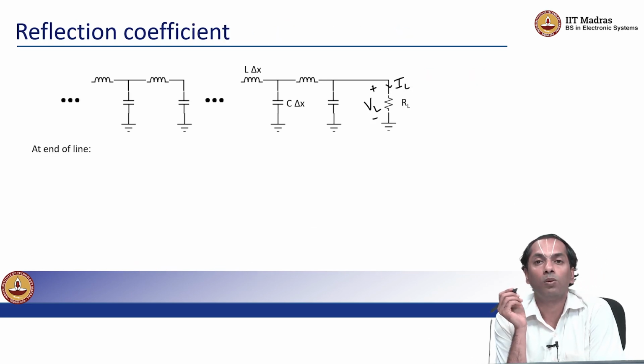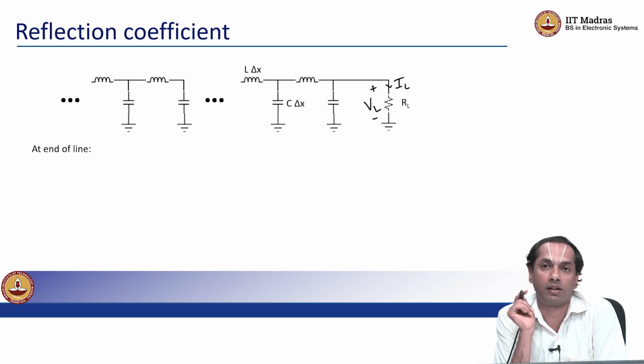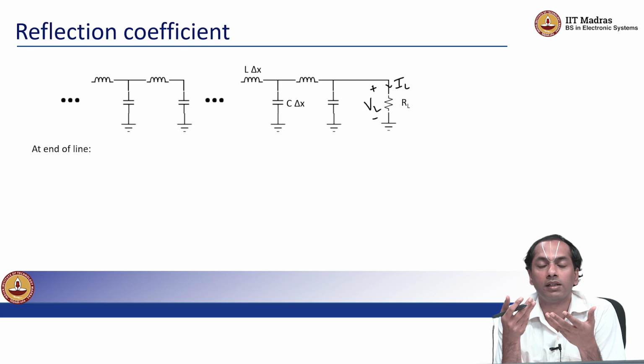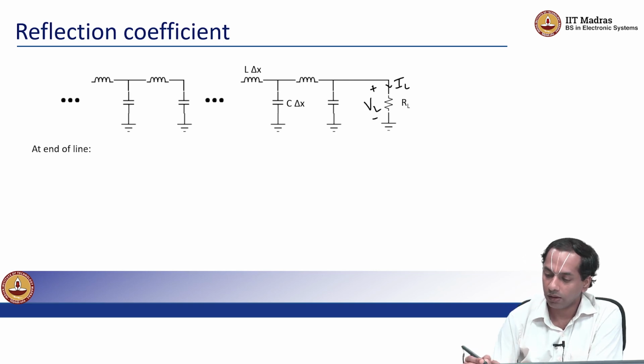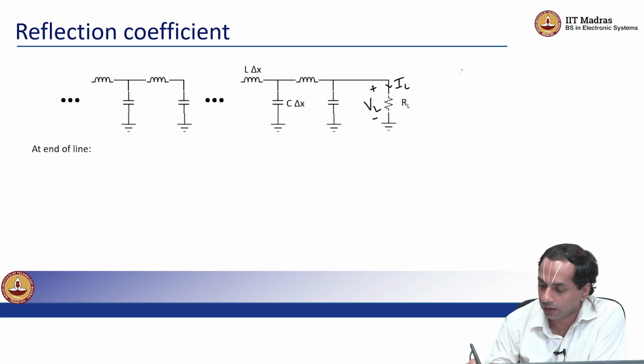Okay. Now that we have looked at the transmission line, we want to put the transmission line in a real circuit. So let's recall the circuit in lecture 2 of this week.